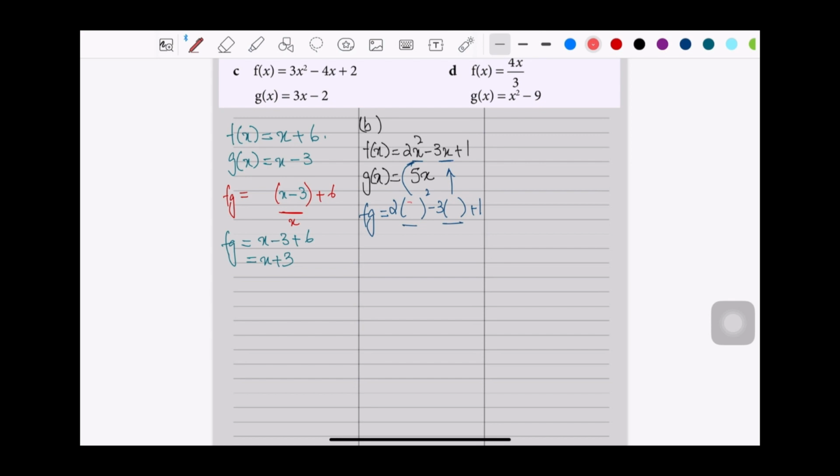And g was 5x, so I write 5x instead of x squared and 5x instead of x. Now after simplifying, this becomes 5 squared is 25x squared minus 15x plus 1. And eventually f of g becomes 50x squared minus 15x plus 1.